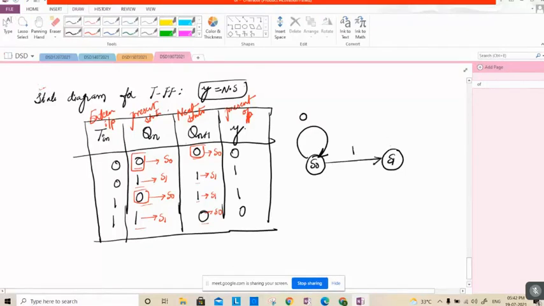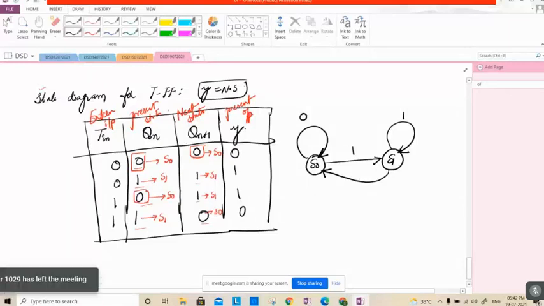Right. S1 state. If T is equal to 0, what will happen? I am present at S1.